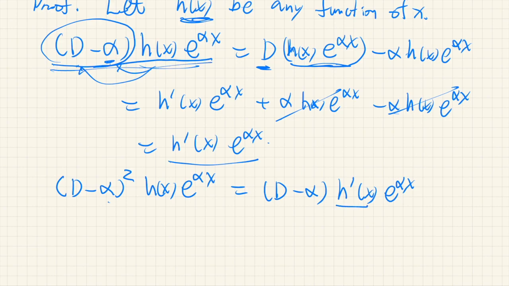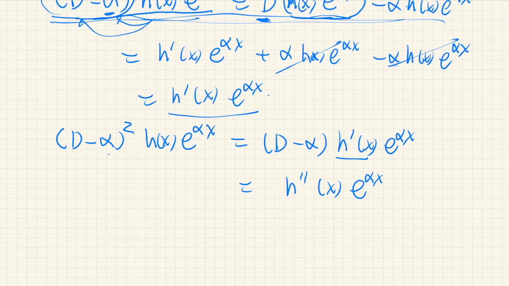So we can do the same thing as this one, but with h replaced with h prime, and we have h double prime of x e^(alpha x). So this 2 and this 2. Let's write in a similar form: this is squared and this is the second derivative.